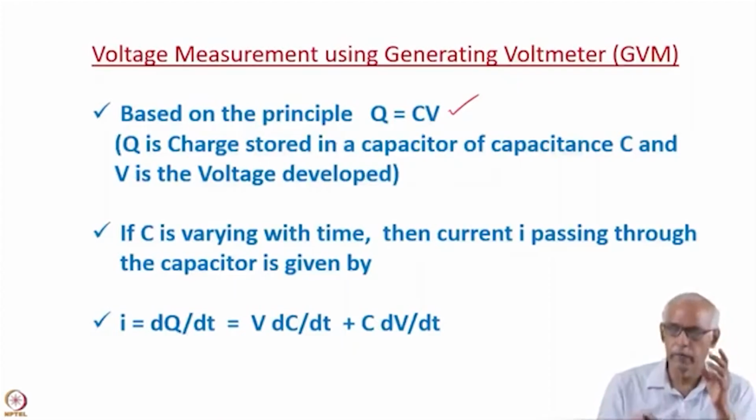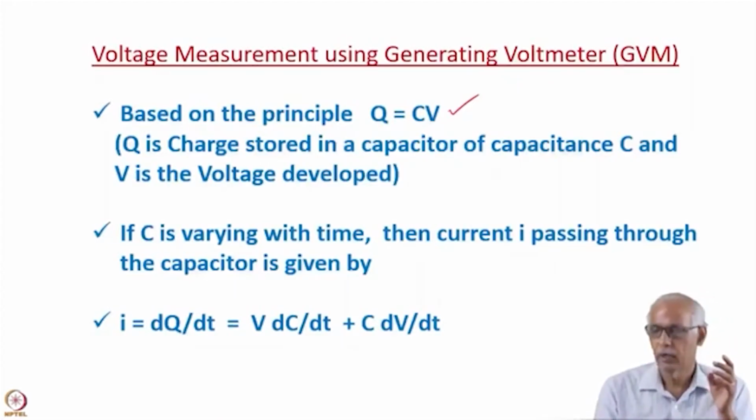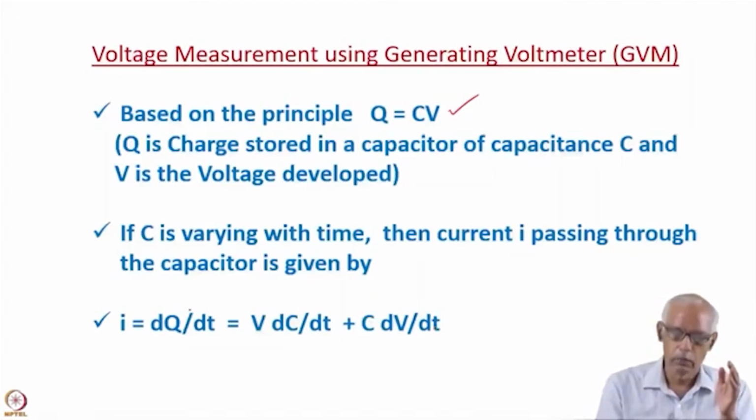So C is varying with time, and the current passing through the capacitor is given by I is equal to dq by dt, and Q is nothing but C into V, and therefore it becomes V into dC by dt plus C into dV by dt. This is the current which will flow based on these two values.